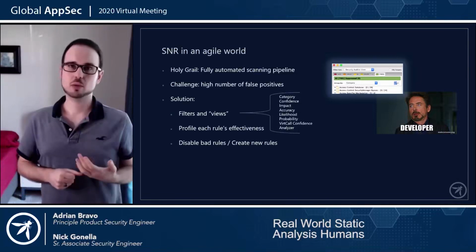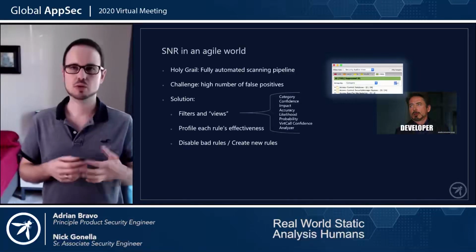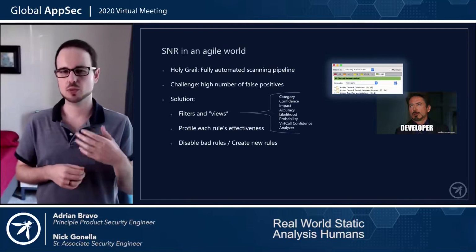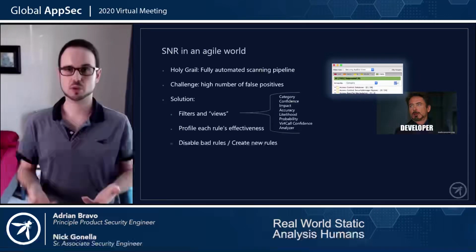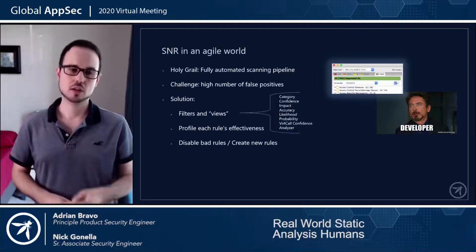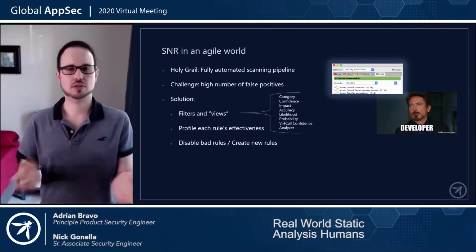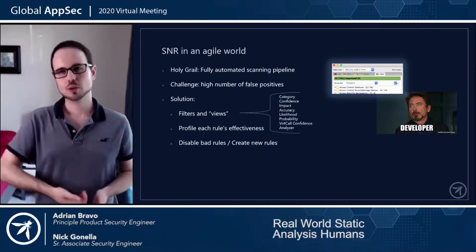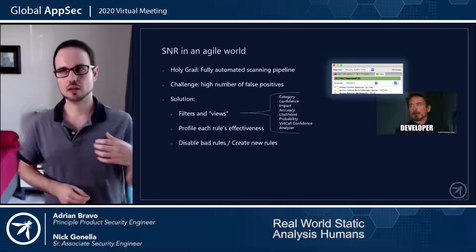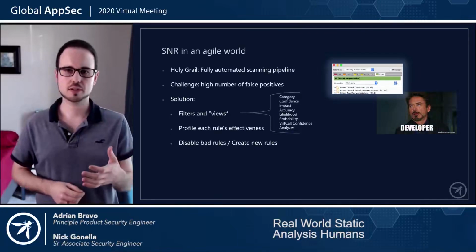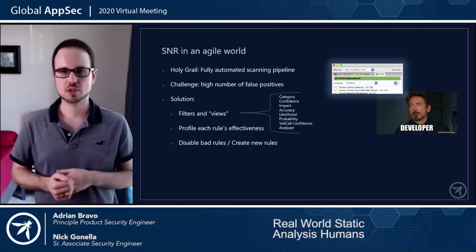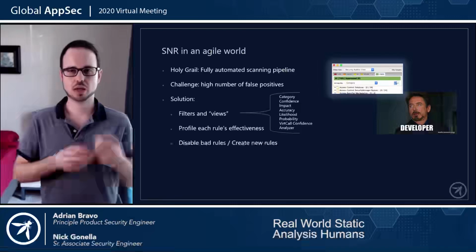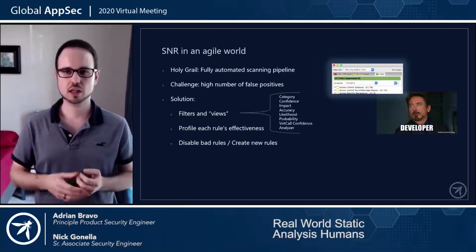Second, we've been disabling bad rules, or rules that come with the product but that we consider to be too noisy, or that we just consider to be plain wrong, that is, reporting something that is not accurate. So we can disable those and save ourselves some trouble. But you can also create new rules that reduce the number of false positives by informing the tool about maybe Workday custom functions that sanitize input, or by adding context to the scanning.